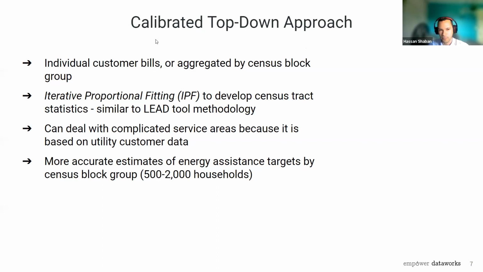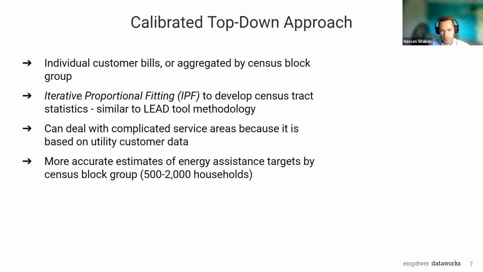This is a calibrated version of the LEAD tool, where we're using the customer bills from the utility. It could also work if they're aggregated by census tract or census block group. Then we're applying the same methodology as the LEAD tool, called the iterative proportional fitting algorithm.